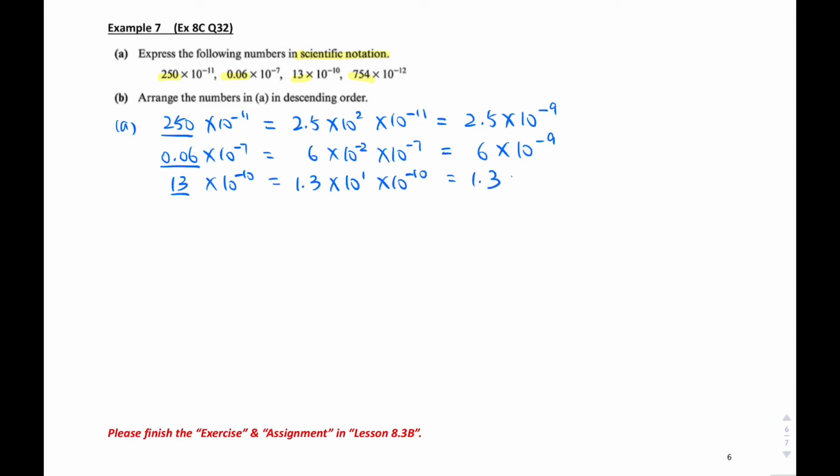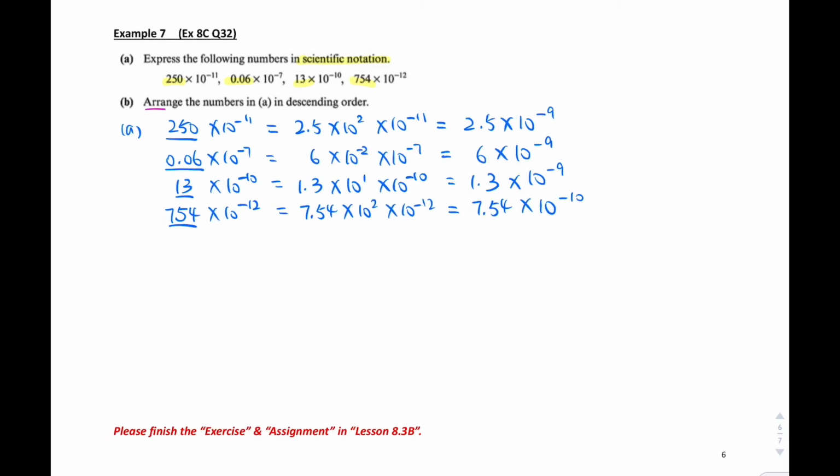So this is 1.3 times 10 to the power of 1 plus negative 10. So this is negative 9. The last one, 754 times 10 to the power of negative 12. For 754, this is 7.54 times 10 squared. So similarly, this is equal to 7.54 times 10 to the power of 2 plus negative 12. This is negative 10.